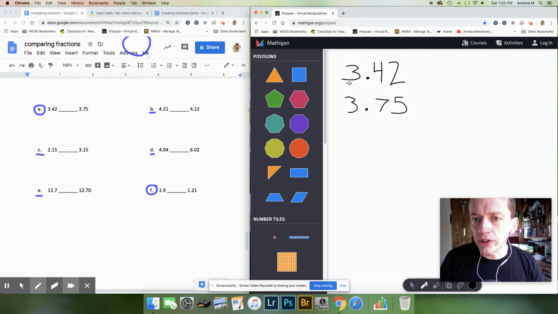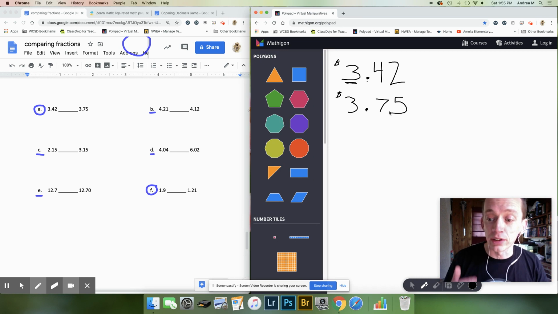So when we look at that, what this is saying right here is I have 3 wholes. So imagine again, I know I said this before, pretend this is money. $3.42. Notice that and again, $3.75. That means you have 3 whole dollars and 42 cents, a portion of a dollar. 3 whole dollars and 75 cents, a portion of a dollar, not a whole dollar just yet.